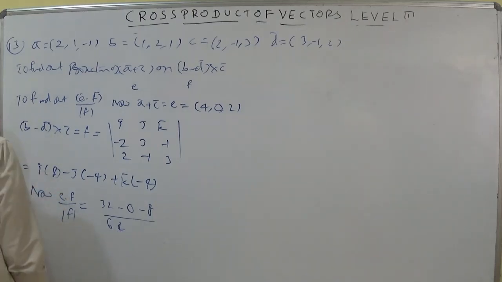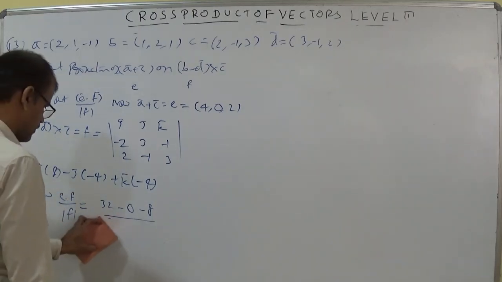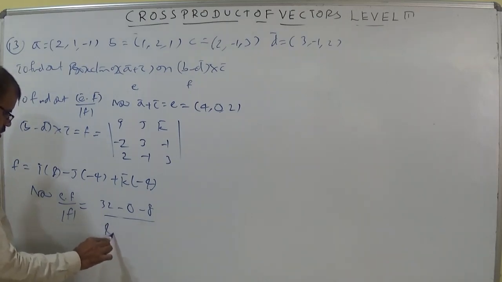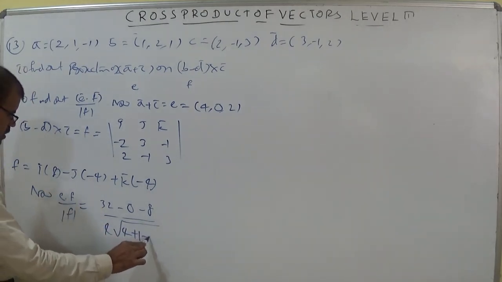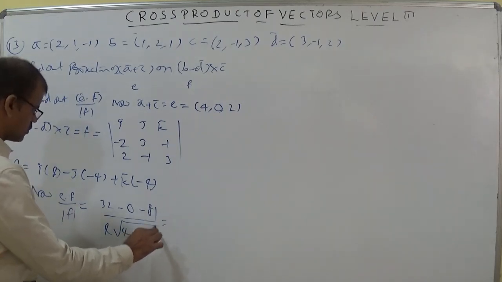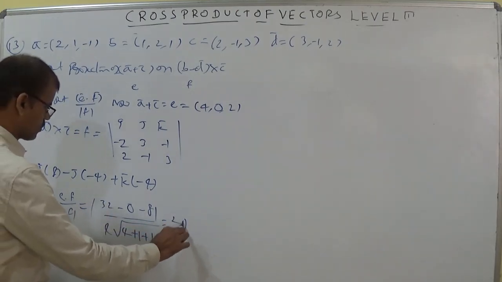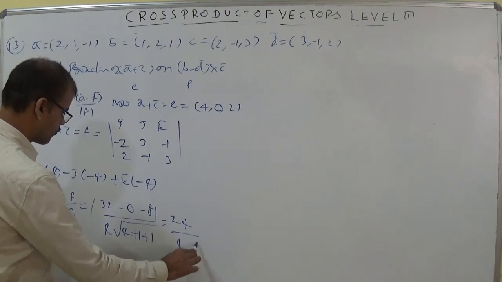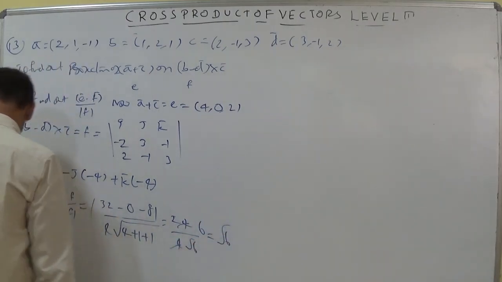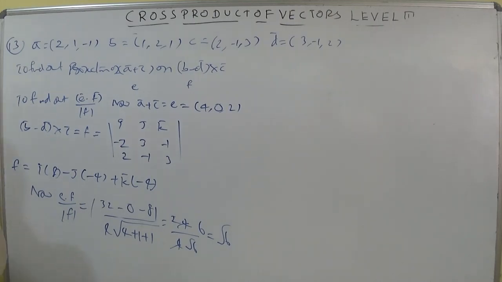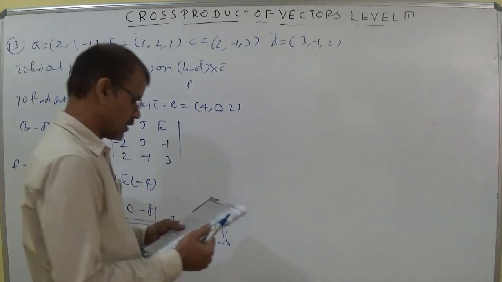Let us take 4 common, it is better. It becomes 4 plus 1 plus 1. 32 minus 8 is 24. 24 by 4 root 6, this is 6 times, so root 6 is the answer. Root 6 is correct, the third option.